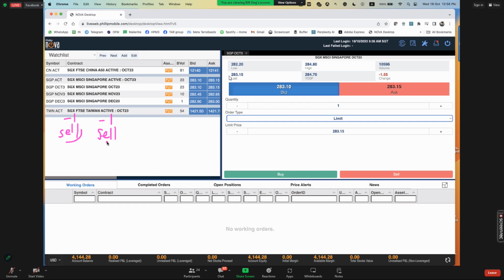Okay. Now, when you have first in, first out, it means that if you want to close your order, right, how do you neutralize this sell? How do you make this -1 become 0?